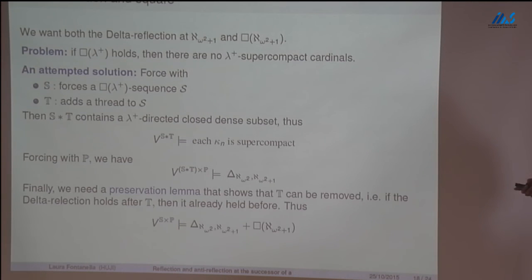Let's suppose that we were able to prove a sort of preservation lemma, something that tells us that if the delta reflection holds after forcing with T, then it already held before T. Then if we were able to prove this preservation lemma, we would have that in this model you have both the square sequence and the delta reflection, and we would have done. Unfortunately, life is not easy, and this doesn't work.